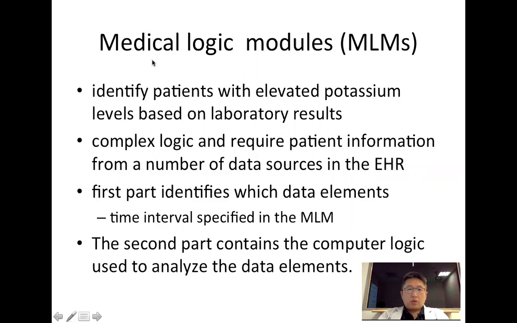So they create this called Medical Logic Module. For example, they can identify a patient who has an elevated potassium level based on laboratory results. Then they can also create a more complex logic.